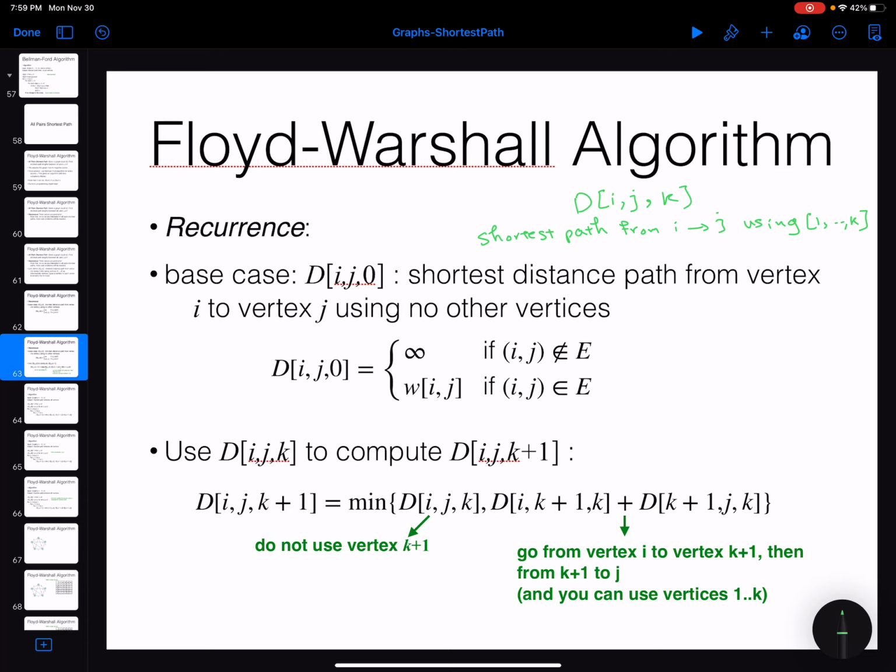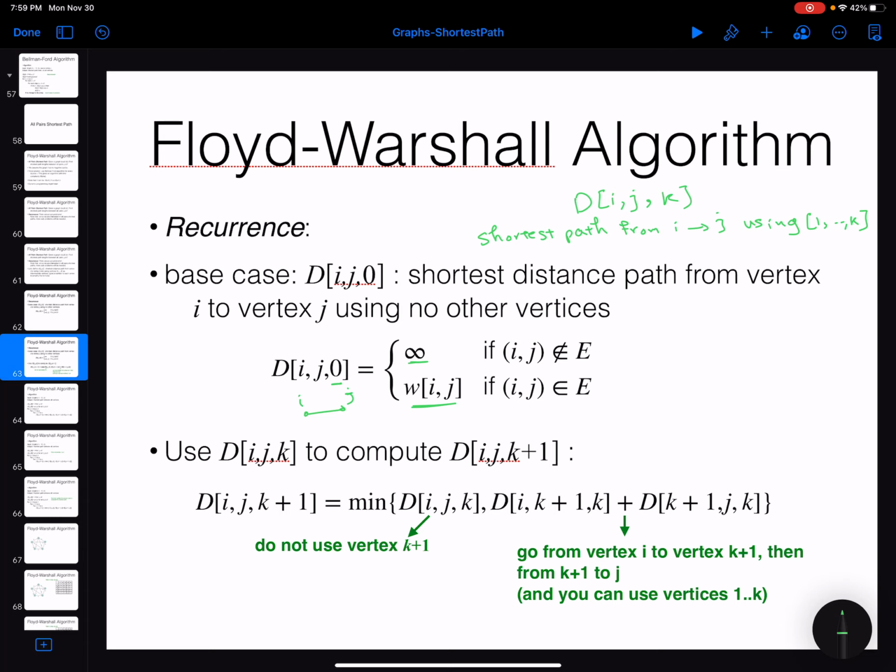So when K is 0, it means that you are not allowed to use any other node. Basically, there should be an edge between I and J. If there is no edge between I and J, the cost will be infinite. If there is an edge, the cost will be the cost of that edge.